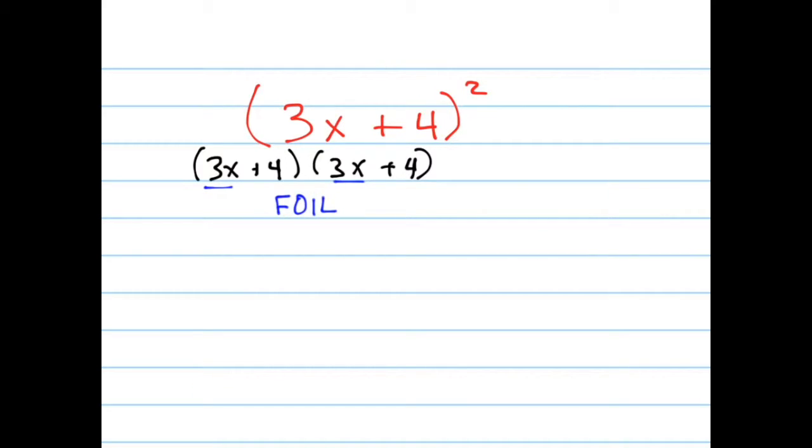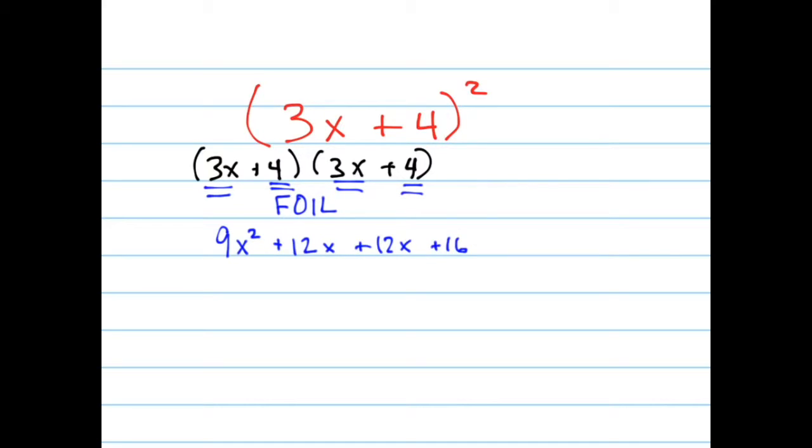What's 3x times 3x? 9x squared, because x times x is x squared. And then you multiply the outsides, 3x times 4. What do you get? 12x. Then you multiply the insides, 4 and 3x. What do you get? 12x. Then you multiply the last terms, 4 and 4, which gives you 16.